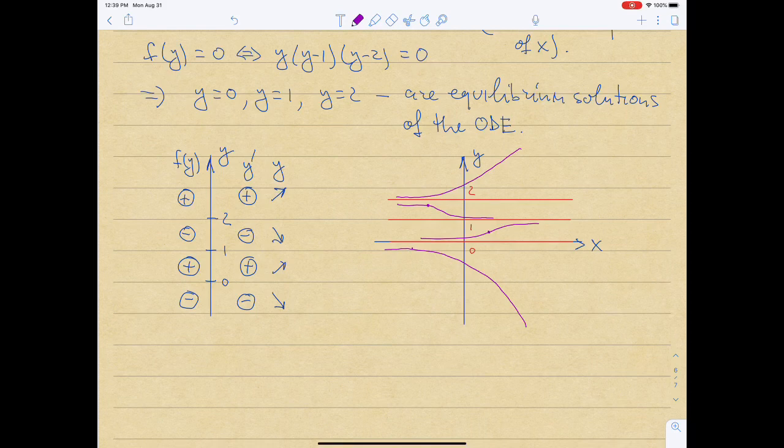So this is a repeller. y equal to 1 attracts all solutions, so it is an attractor. And finally, y equal to 0 repels all solutions, so it is a repeller.